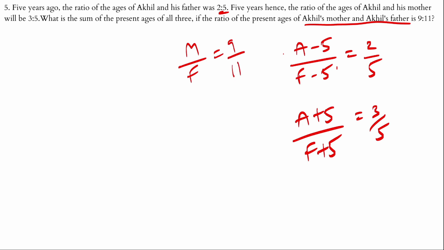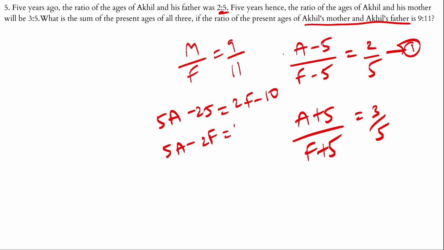Just cross multiply and solve this first equation. So 5a minus 25, this will be equal to 2f minus 10. So 5a minus 2f is equal to 15. And this is equation 2. If we solve this, we'll get, okay, so this is mother.